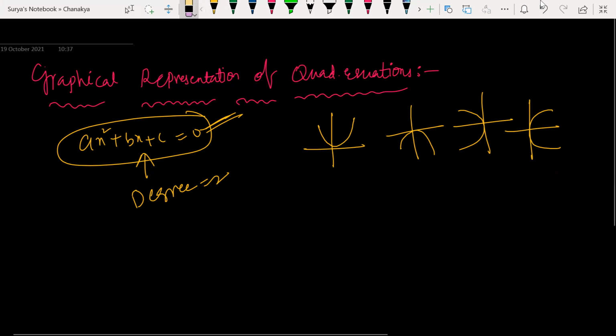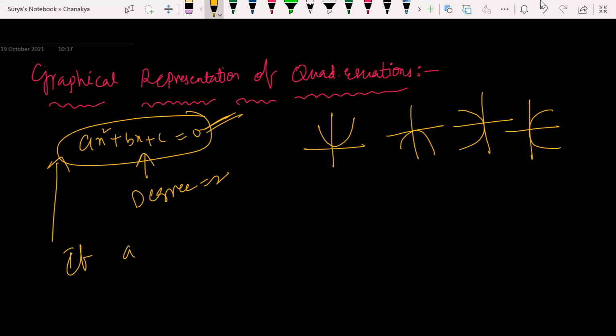Listen to me carefully, everyone. Suppose this is my quadratic equation: ax square plus bx plus c is equal to 0. If a is greater than 0, what is a here? Coefficient of x square. If a is greater than 0, the parabola opens upwards like this.